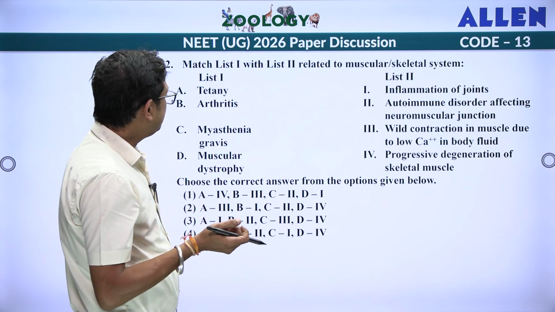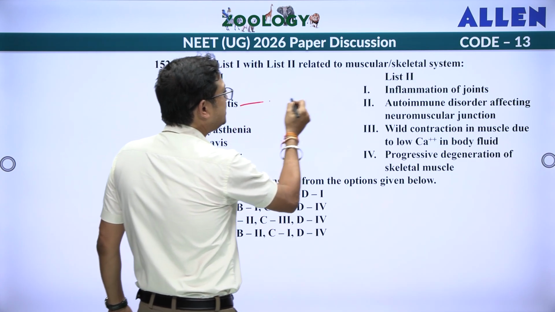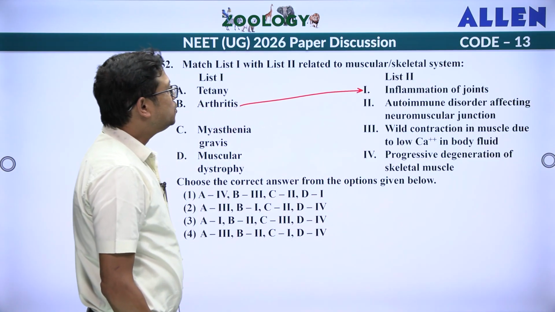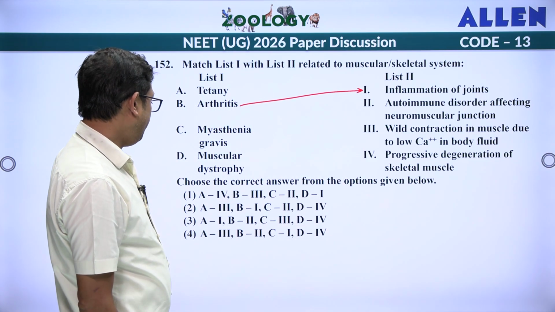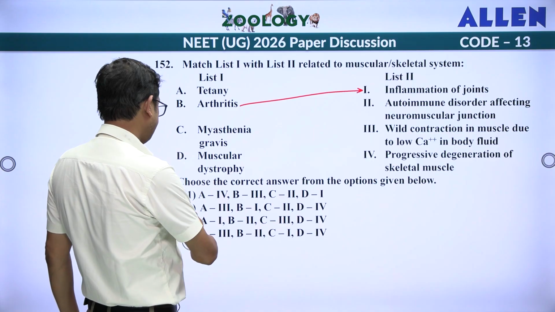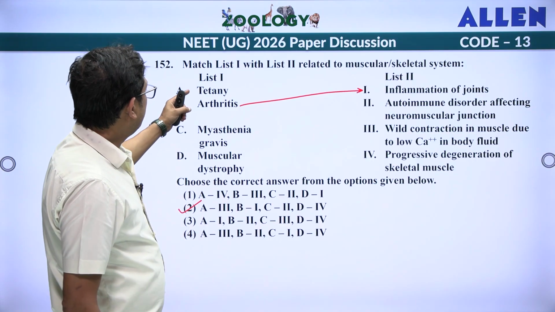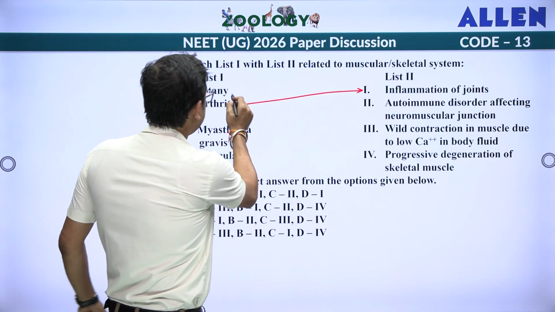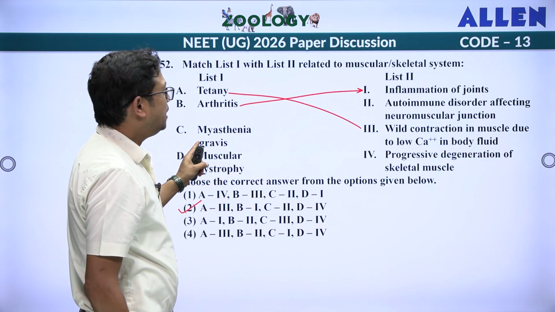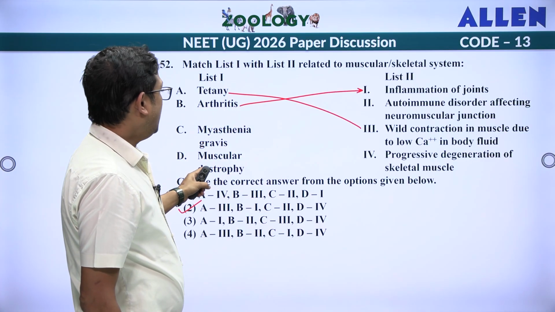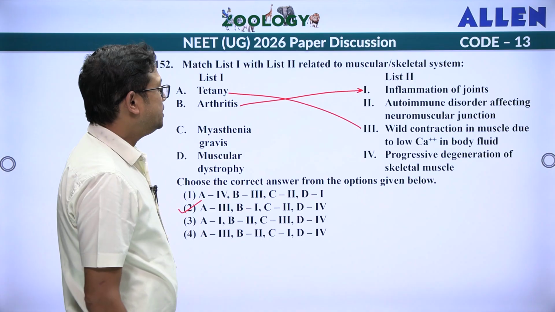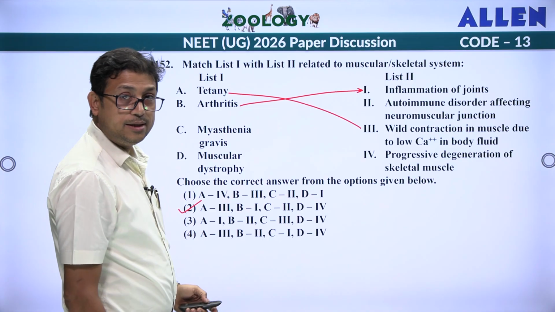Itis means inflammation. So arthritis is easy. I can say B should be 1, inflammation of joint. So how many B1 are there? Only one option says. Anyway, A is 3 as I told. Myasthenia gravis is an autoimmune disorder and muscular dystrophy is the progressive degeneration of the skeletal muscle. So the answer here is 2.